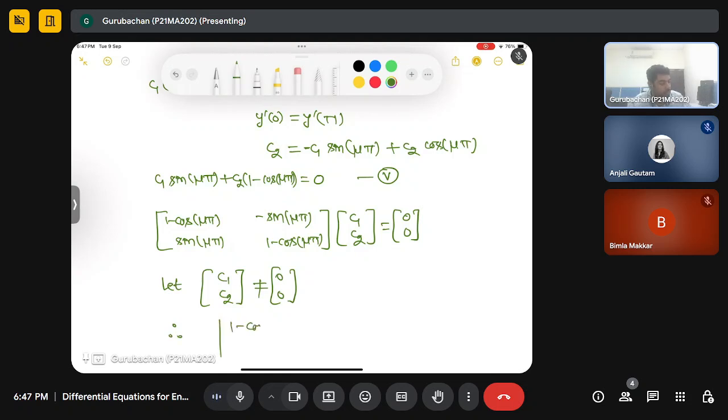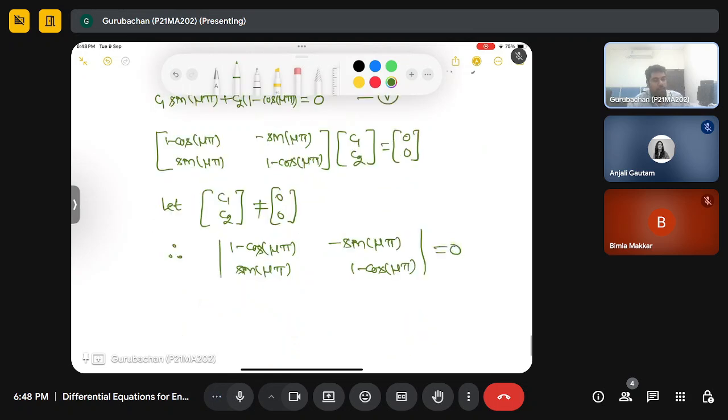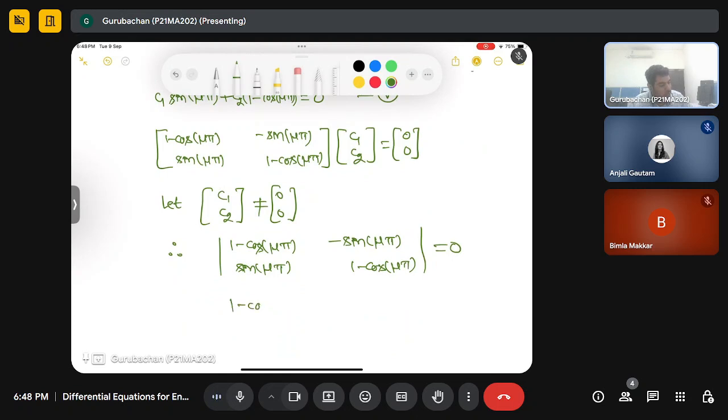That is, the determinant of 1 minus cos mu pi, sin mu pi, minus sin mu pi, and 1 minus cos mu pi must be 0. The value of this determinant will be 1 minus cos mu pi whole square plus sin square mu pi is 0.